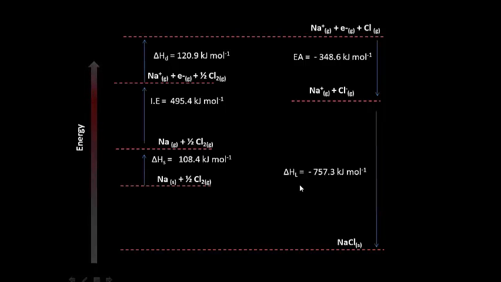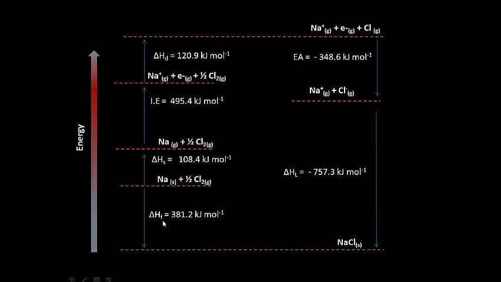According to the definition of lattice energy, it is the energy released when 1 mole of solid ionic compound is formed from its gaseous constituents. So there is a cation and an anion in the gaseous state, and they combine to form sodium chloride, releasing energy into the universe.